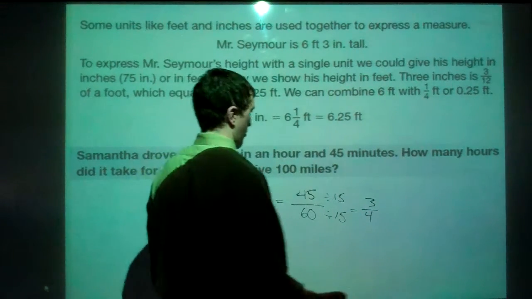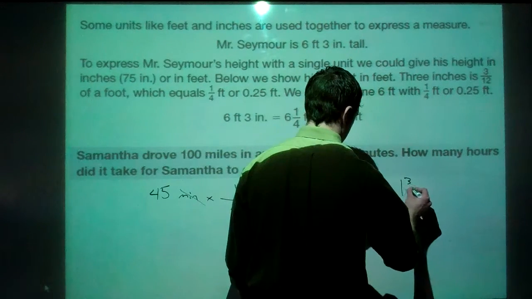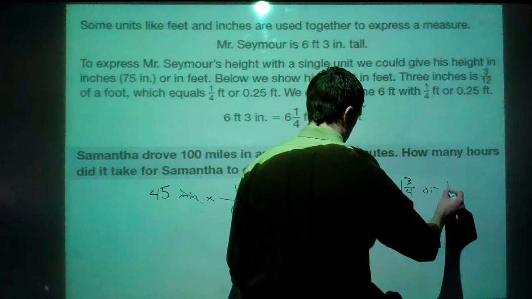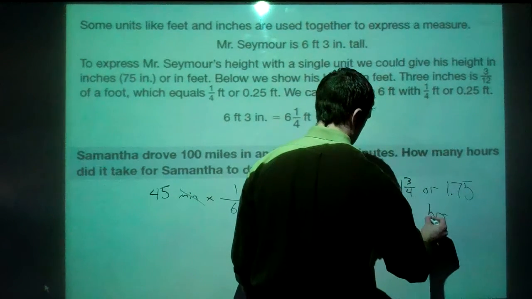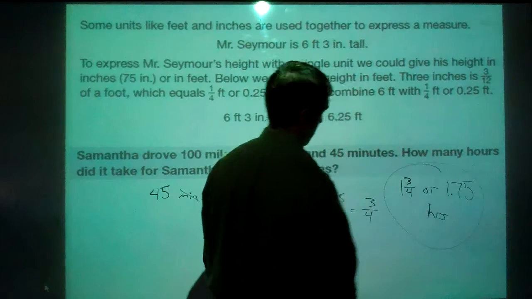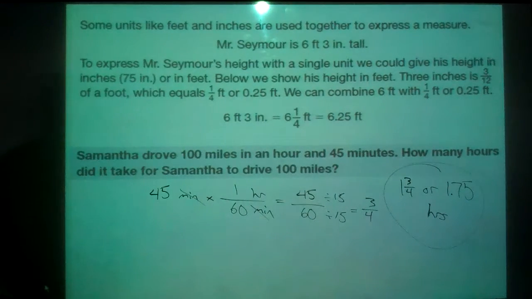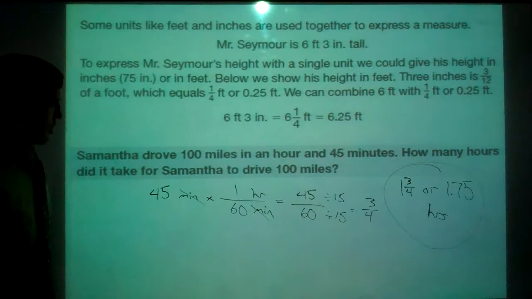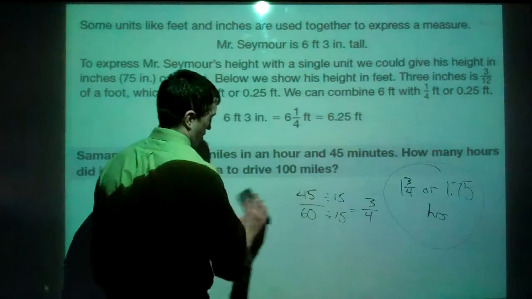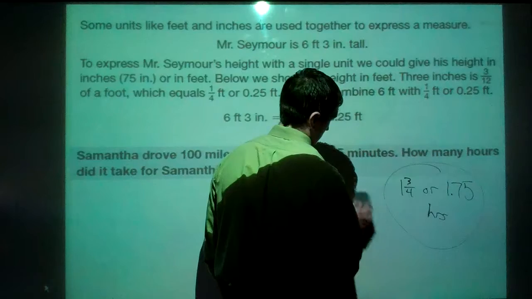So it should be 1 3/4 hours, or 1.75 hours. Either of those would be okay. Remember, we had to add on to that 1 hour. 1 hour and 45 minutes would be 1.75 hours, or 1 3/4 hours.